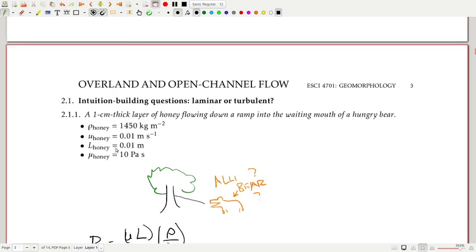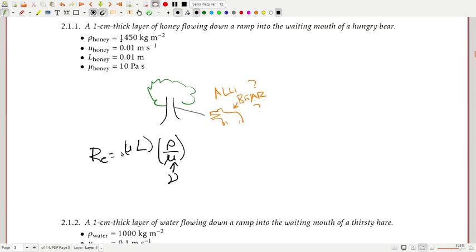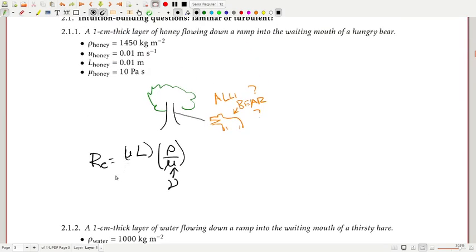So we're just going to say that this velocity of the honey is, well, that's easy, 10 to the minus 2. The length is 10 to the minus 2. Great. The viscosity is 10 pascals, also easy. And the density, I'm just going to say this is approximately equal to 10 to the 3.